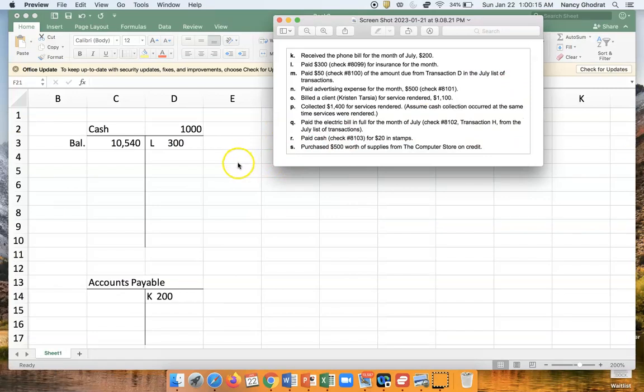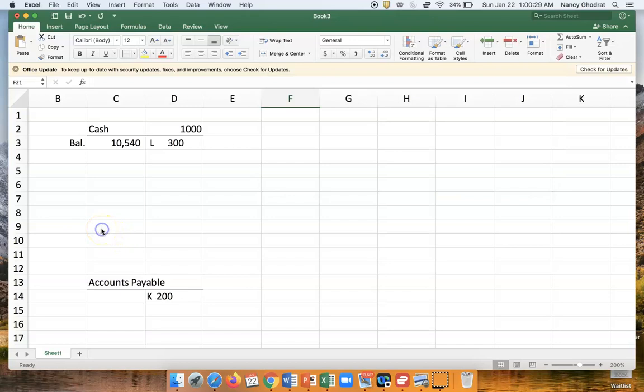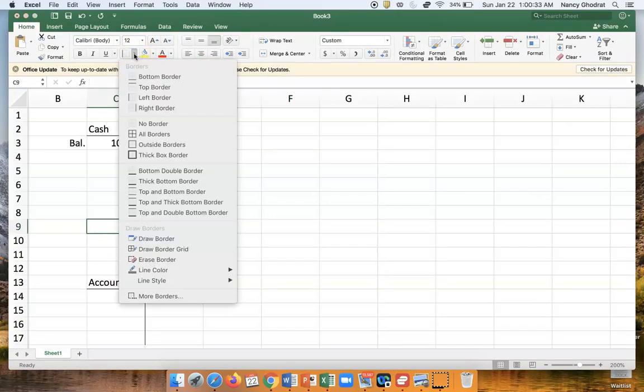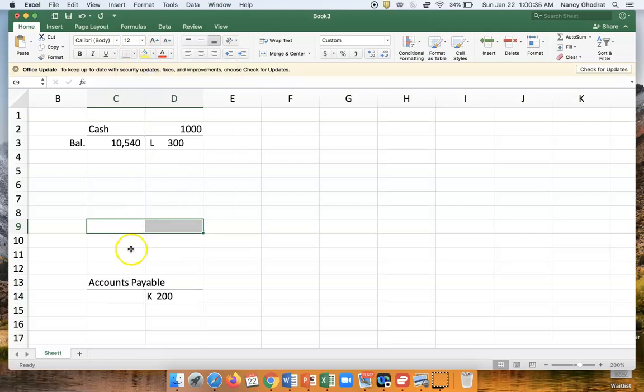Eventually, once you analyze all the transactions and show the effect of them as a debit or credit in each T account, you're going to arrive at the ending balance of each account. So for example, if we had only two transactions in cash, you would look at the total debit.